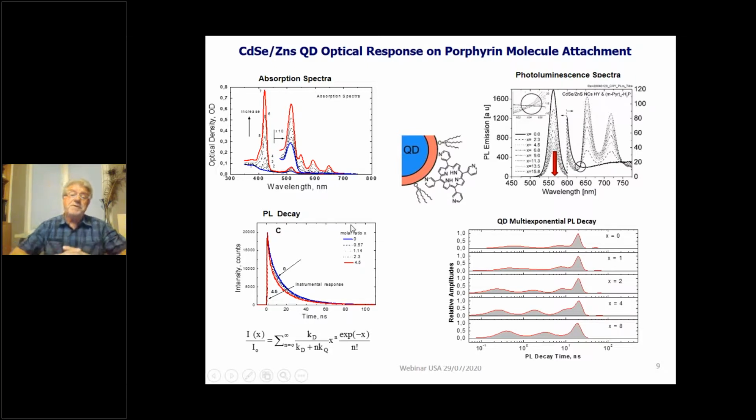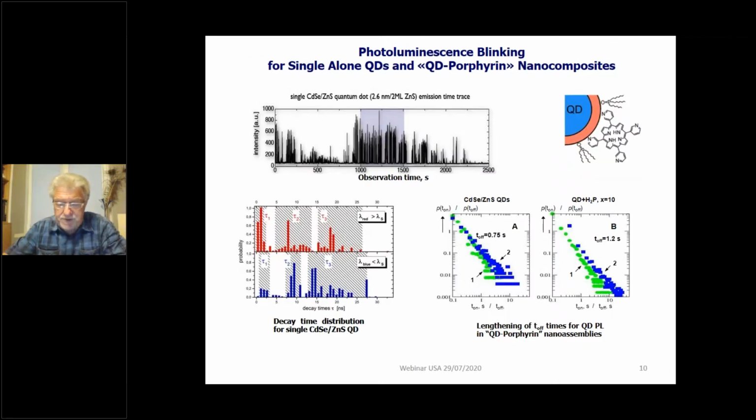It means that upon interaction of quantum dots with porphyrin molecules, we have quenching of excited states. The problem is, what is the reason for this quenching? It is interesting to note that we may observe the same quenching when we use a single quantum dot with attached porphyrin molecules.